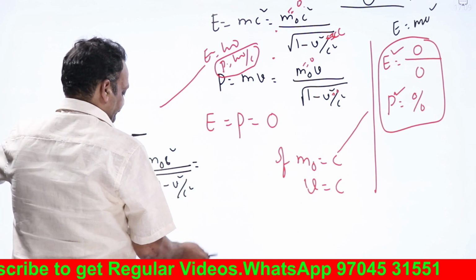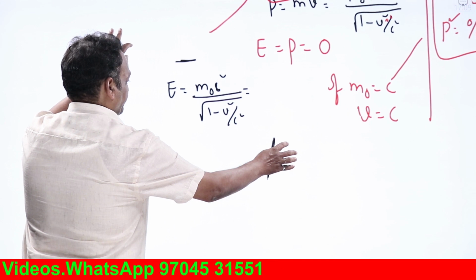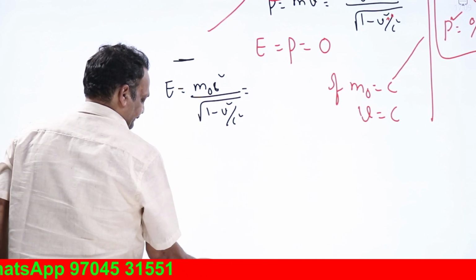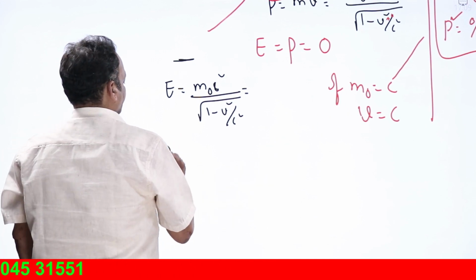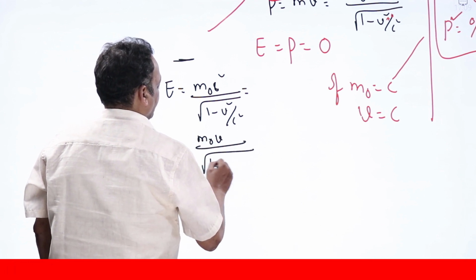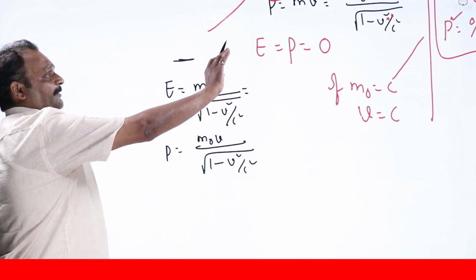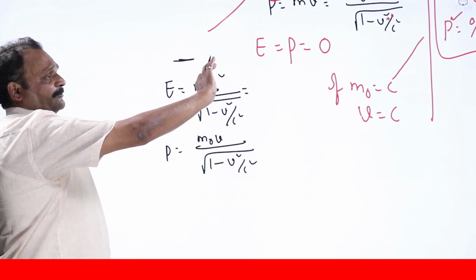What is momentum? Momentum p equal to m naught v by root of 1 minus v square by c square. In general, for any particle, zero rest mass particles have to exist, which means they should move with the velocity of light.